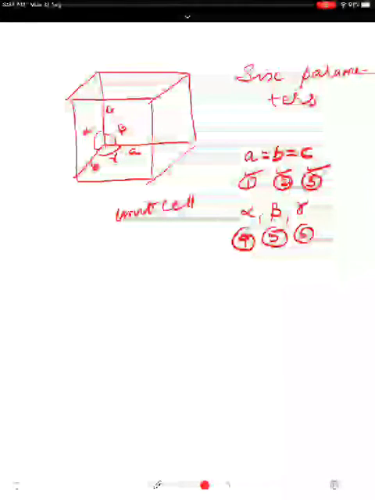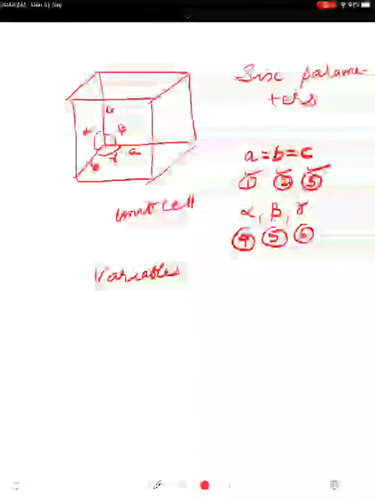So, these are the 6 parameters. Thus, a unit cell is characterized by 6 variables. Parameters means variables. These can vary. A can vary, B can vary, C can vary, alpha, beta, gamma, all these things can vary.